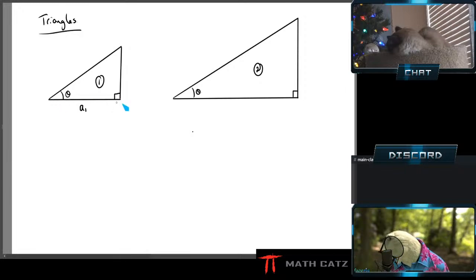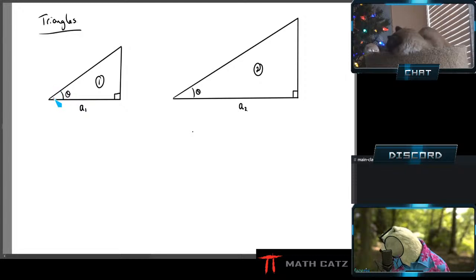It is the one of the perpendicular sides that is touching the angle that I'm focusing on. It's adjacent to the angle. This is a new adjacent side, longer, right? It's the bigger version of the triangle. So I'm going to call it A2.